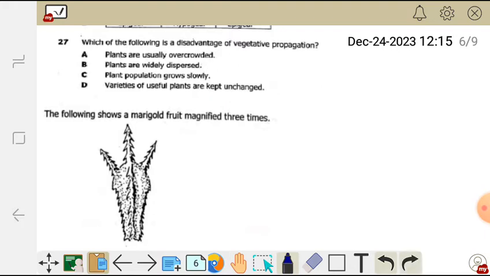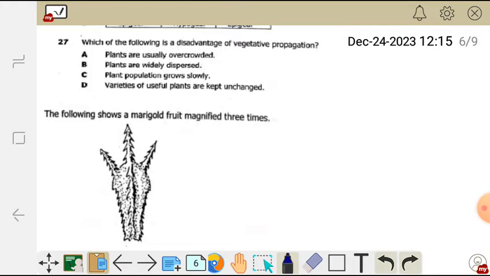Why? Because useful plants are kept unchanged. Okay, so if they change, then we won't have access to that useful thing we were getting from them, because they have changed. But if they are unchanged, meaning they will remain the same, we'll be able to access them each and every time we want them, because they won't change. So that is an advantage.